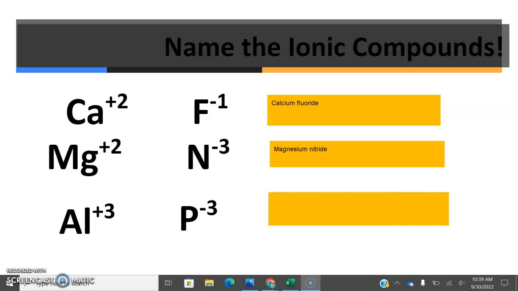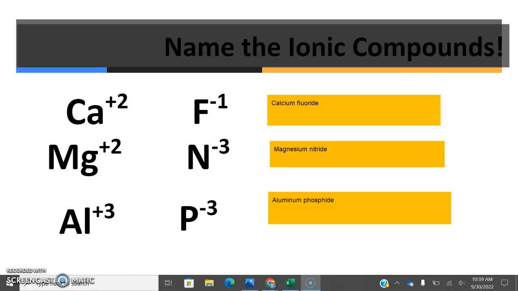Then, let's do one more. We have aluminum, and then this is phosphorus. So we are going to drop the end of phosphorus and change it to IDE. So this would be phosphide.